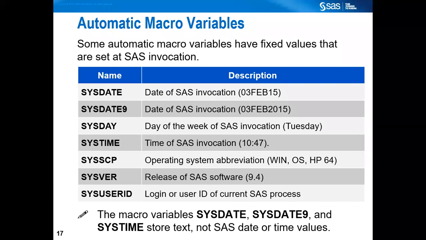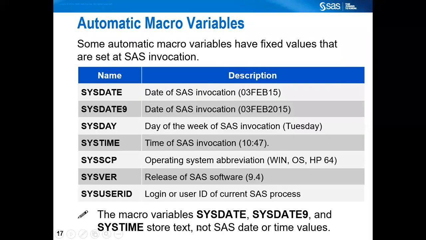Some automatic macro variables have fixed values that are set at SAS invocation. So this is what it's telling. SYSSCP, SCP is the operating system abbreviation, either Windows OS information with its bits of memory space. Then of course which version we are using, 9.4, user ID who is logged in the session, and so on. Fine.